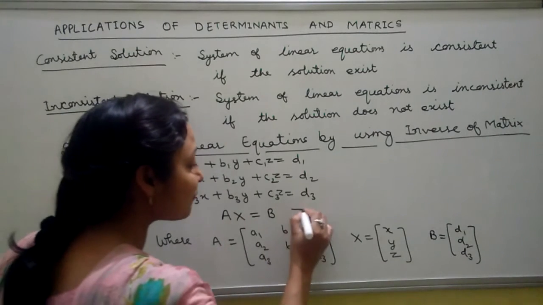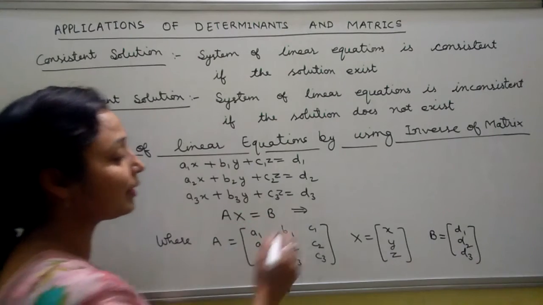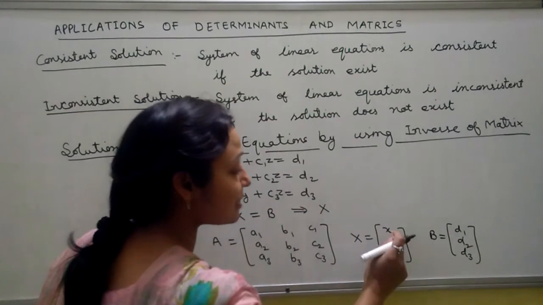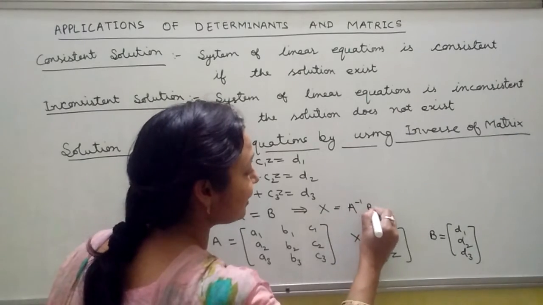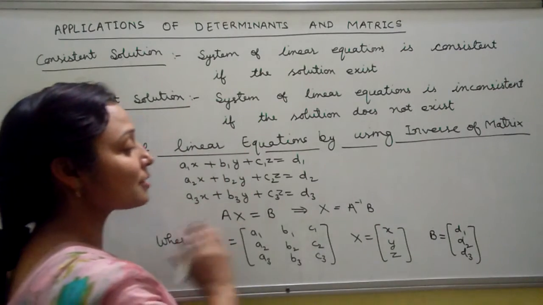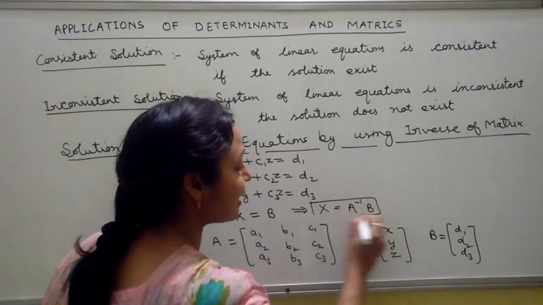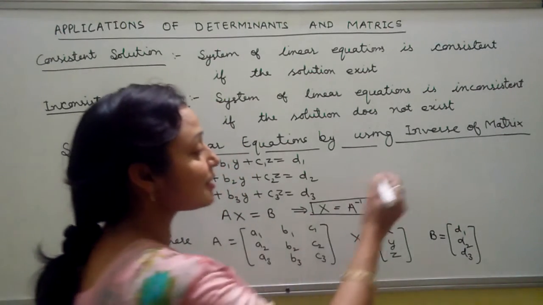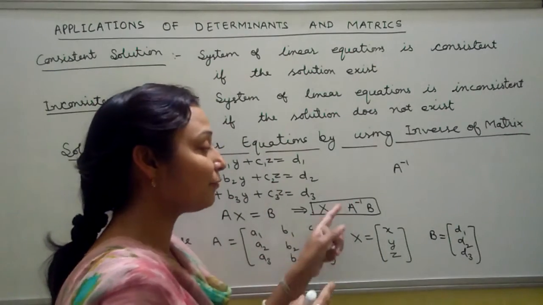So how can we find the solution if the equation is in the form of AX is equal to B? We can find X, meaning the values of x, y, z, by using A inverse B. By pre-multiplying with A inverse on both sides, we get this. This is known as the matrix method. For this, we should have the formula of A inverse.